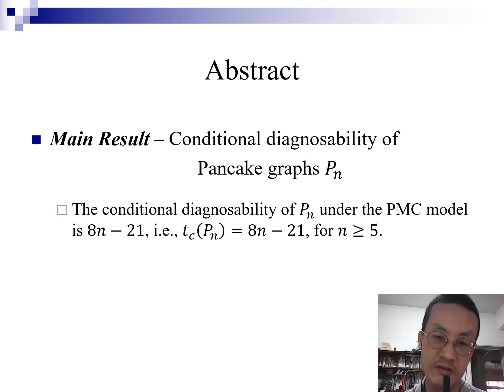The conditional diagnosability of Pancake graph P_n under the BMC model equals 2n minus 1, denoted by t_c(P_n) equals 2n minus 1 for n at least 5.